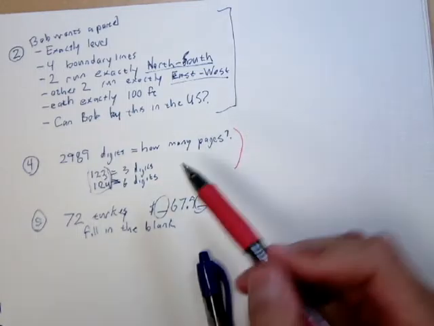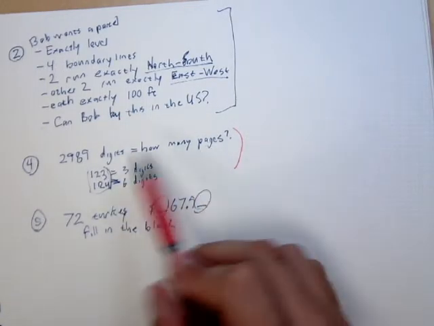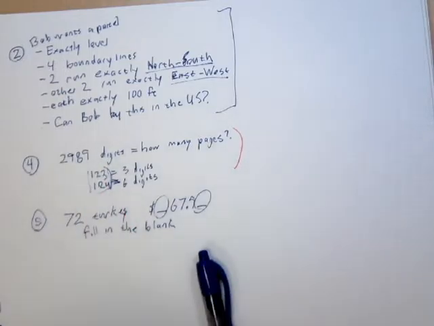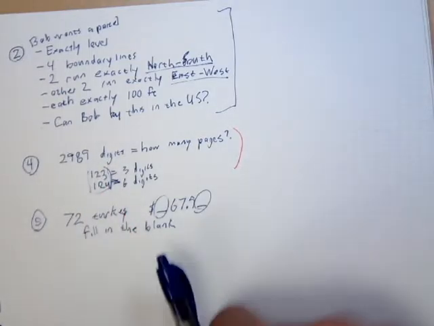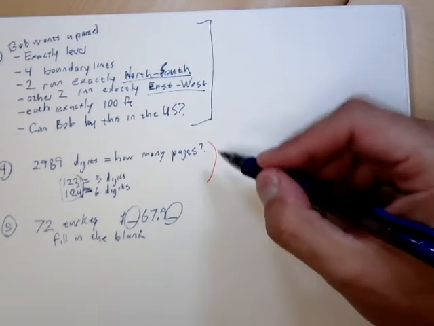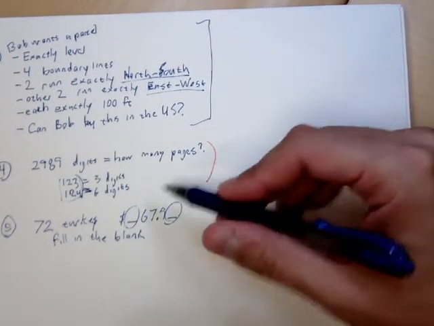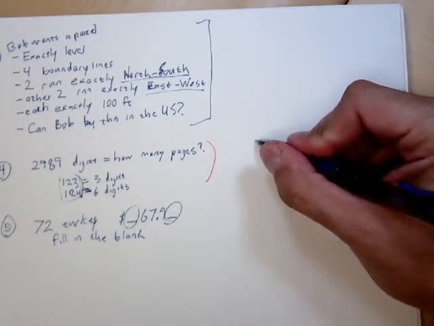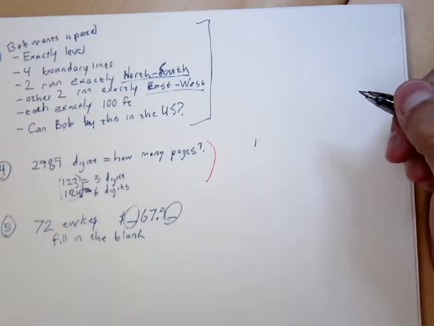So the question is, how many pages require 2,989 digits? So for that, let's see. We know that if you use one page, it only takes 1 digit.